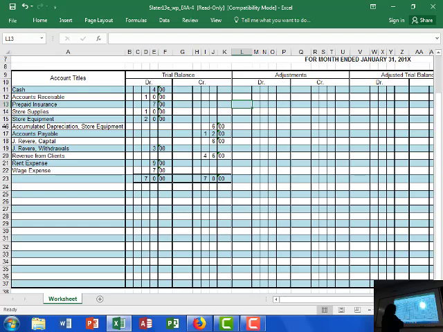So what do we have to do? We now come down and we're going to put in what? The fact that we need to have a depreciation expense. Is that our first transaction? That's on page 136.